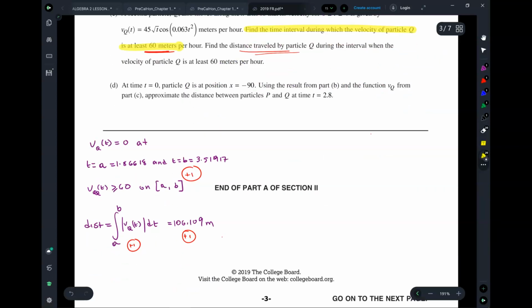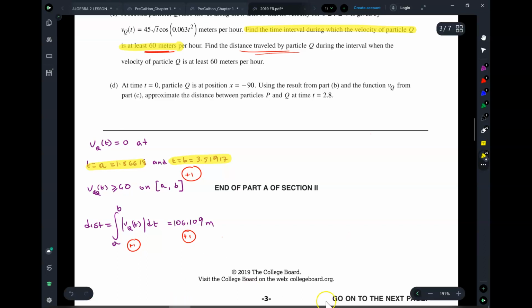You say V is equal to 60 at t equals this and t equals that. Now what I also did, because the second part of the question is saying find the distance traveled by the particle over that time, I also set them equal to A and B in the same process. I defined A equals this and B equals that.